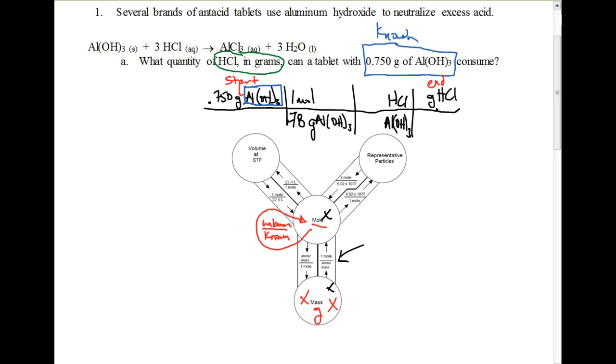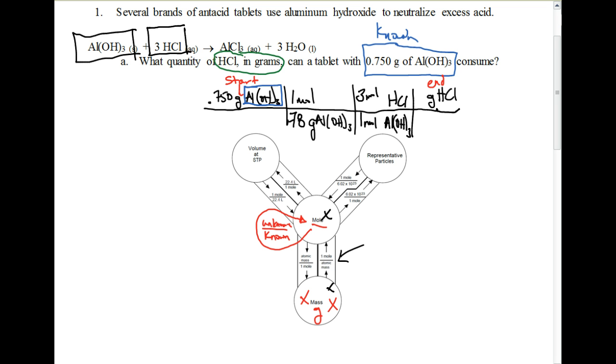Now we remember the values for the unknown over the known, or our mole ratio, are coming from our balanced equation. So I just look up to the balanced equation, and I have 3 moles of HCl. So I'm going to put 3 moles of HCl there, and I have 1 mole of aluminum hydroxide there. And so I'm almost done.